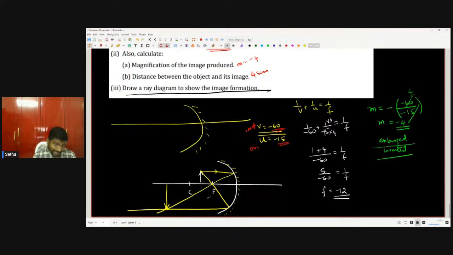So this is -12. But where is the object placed? At -15, which is somewhere here. So everything is consistent. I'm using this to check.